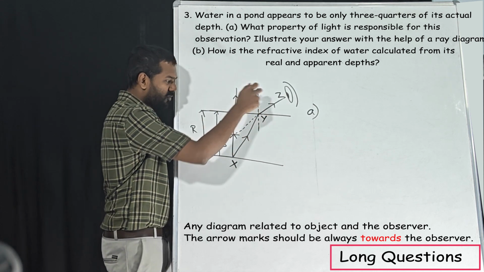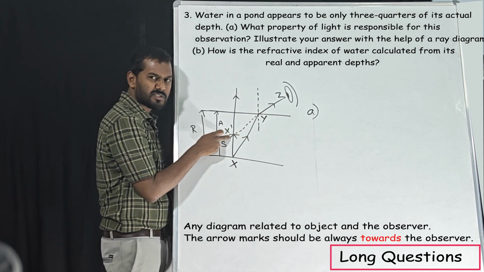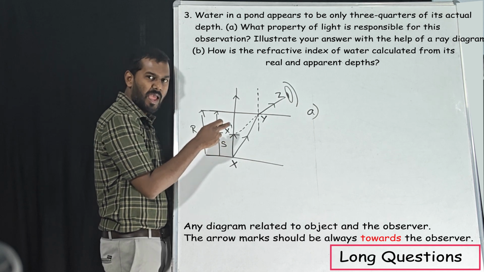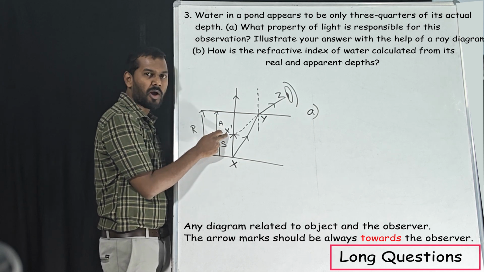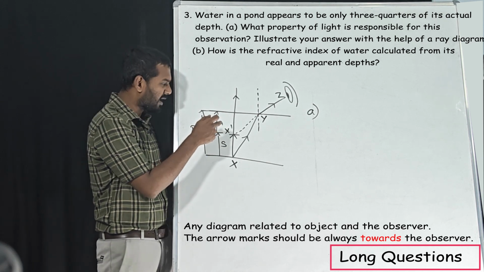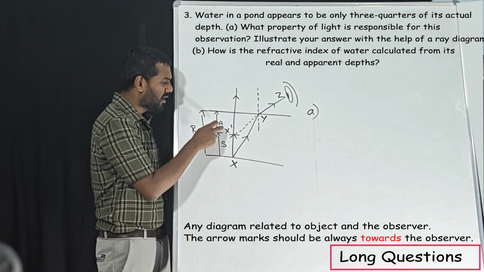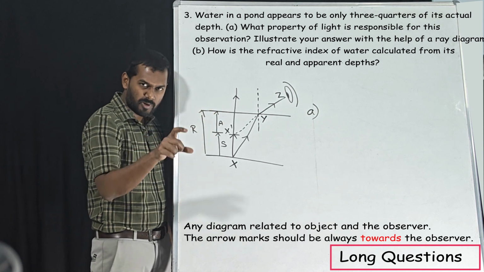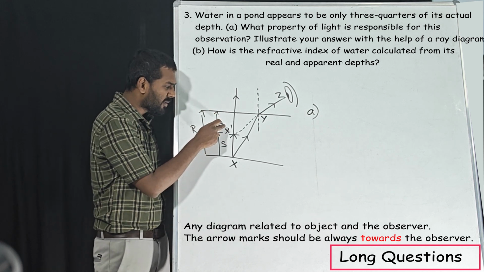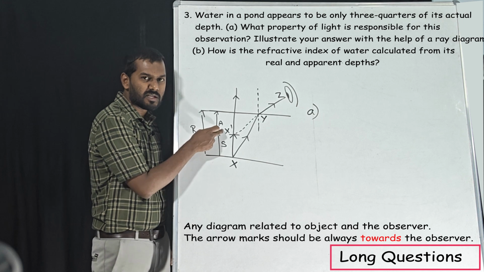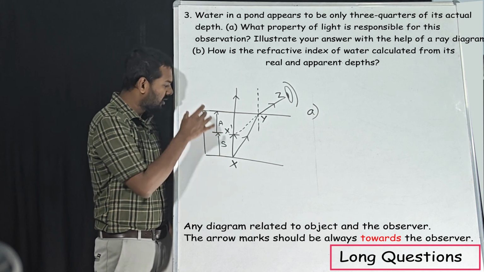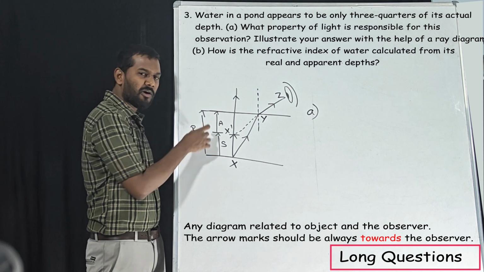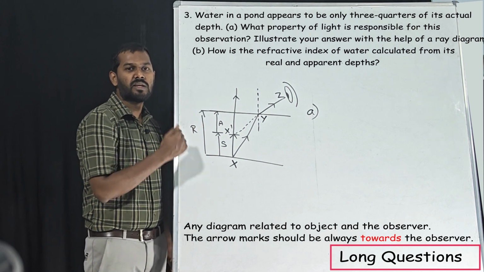This refracted ray YZ produces a point X dash as a reference point. The distance from X dash to A is considered as apparent depth. The distance from X dash to X is considered as shift. The complete depth of the pond is considered as real depth.